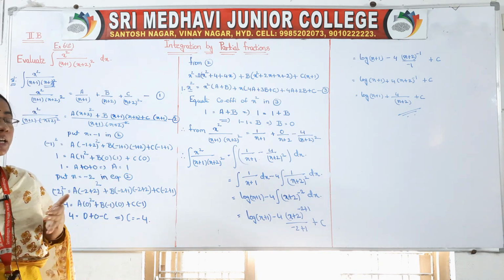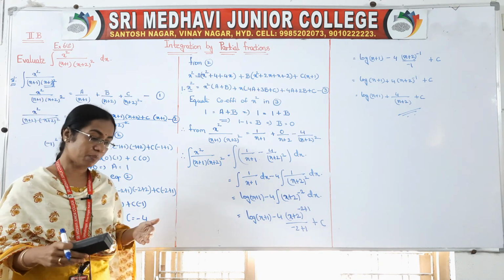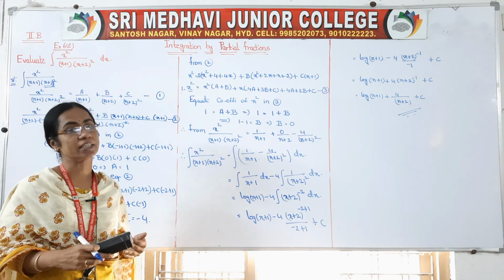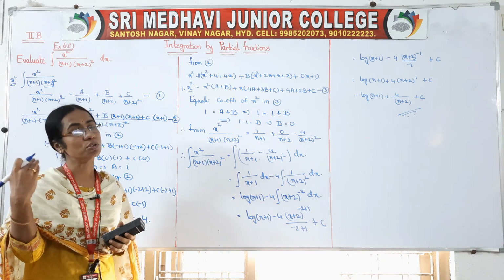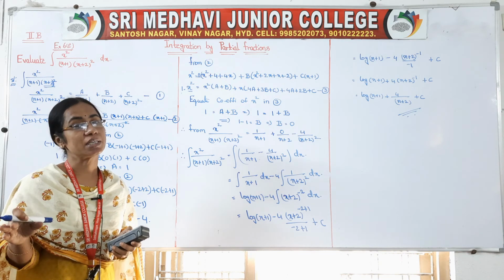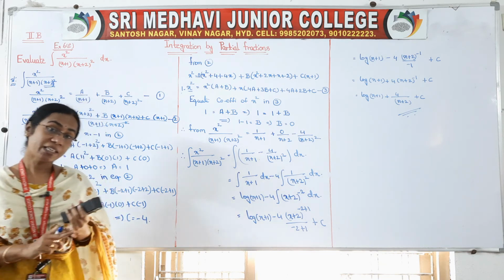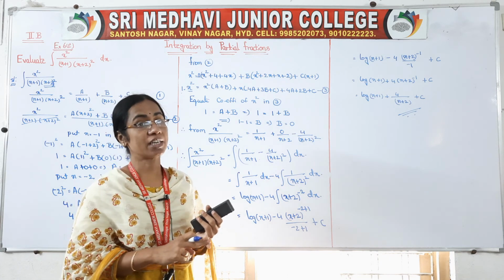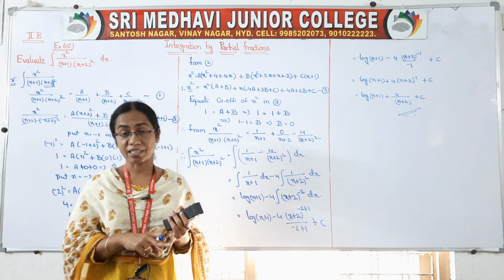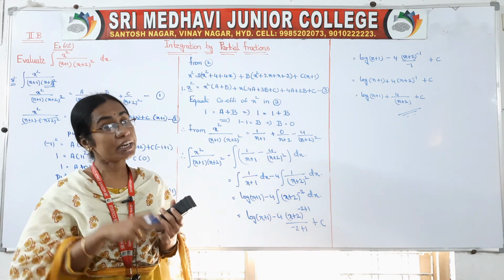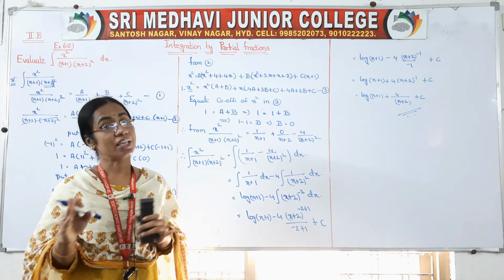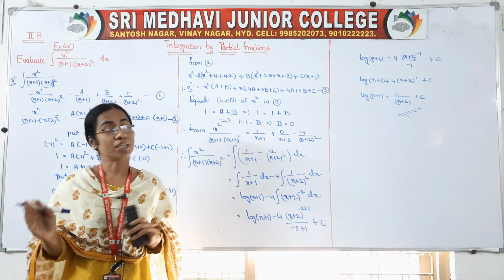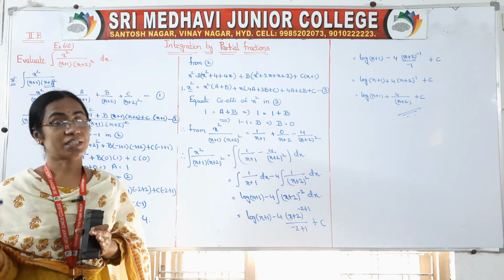Whenever in integral problems you have linear factors in the denominator, you have to go for partial fractions. But again in partial fractions, whether all linear factors are different, or any linear factor is repeated, or any irreducible factor is there, the method to resolve them into partial fractions is separate.